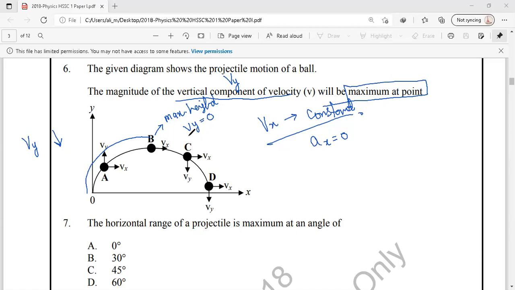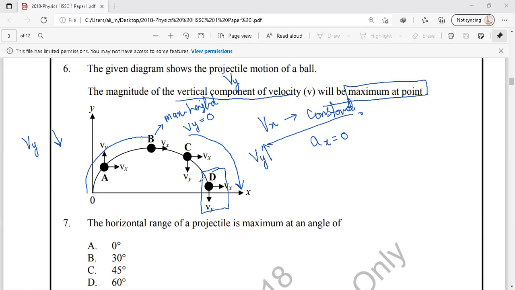And when it moves downward वेलोसिटी का vy कंपोनेंट अब इंक्रीज होना शुरू होता है, and just before striking the ground it has the maximum value. सो यहाँ पहुँचकर जब वो ग्राउंड से स्ट्राइक करेगा प्रोजेक्टाइल, so just before hitting the ground it will have the maximum vertical component of the velocity.